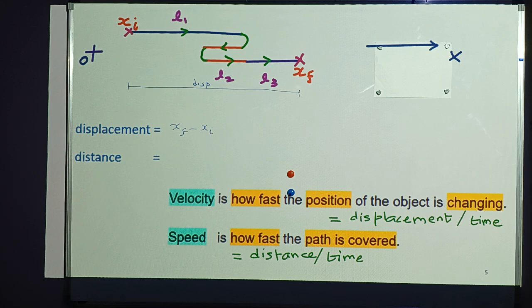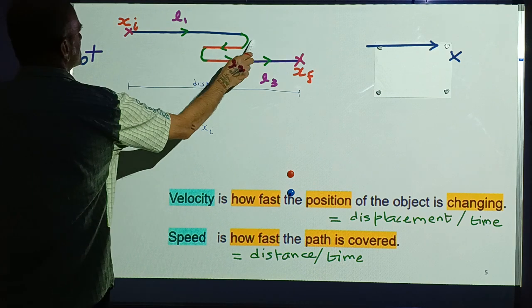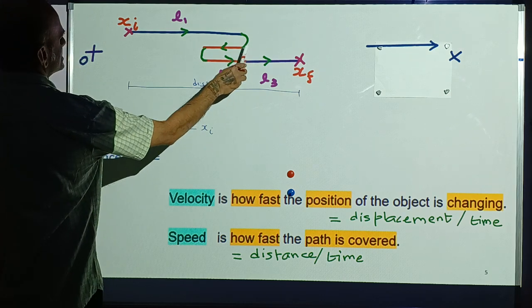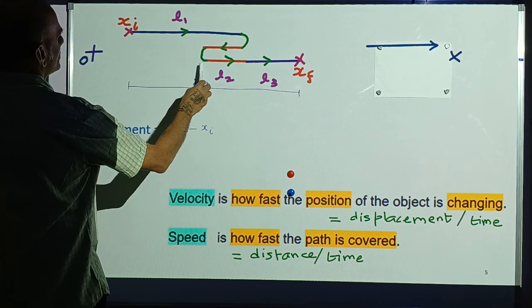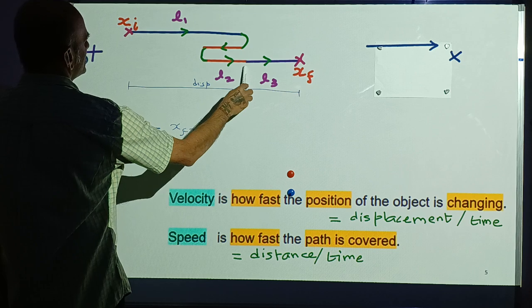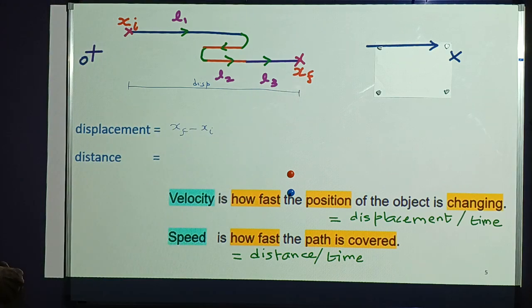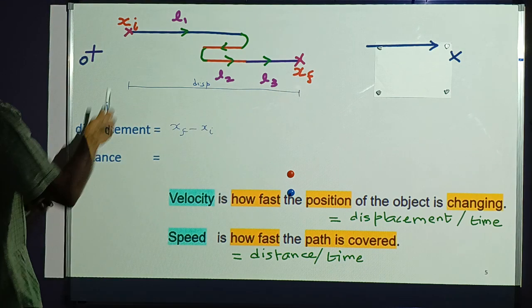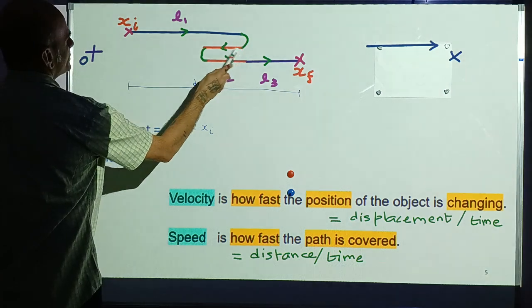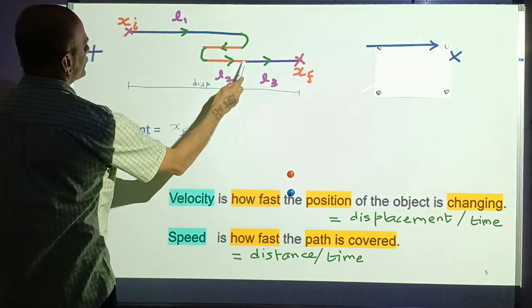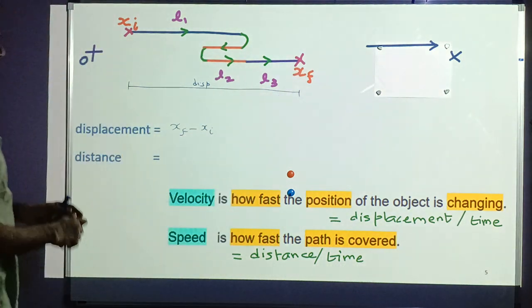And distance is the path length. Suppose I take from here to this turning point as L1, and the second turning point as L2, and from this point to the final location is L3. Then the path length is L1 from here to here, and L2 from here to here, and L2 again from here to here, and then L3.